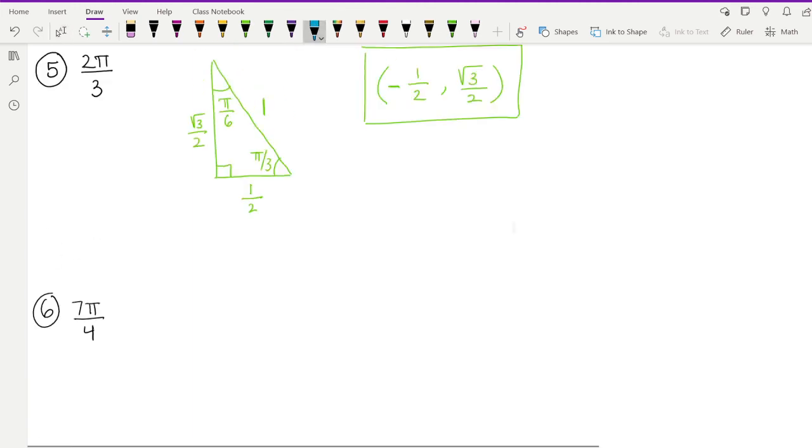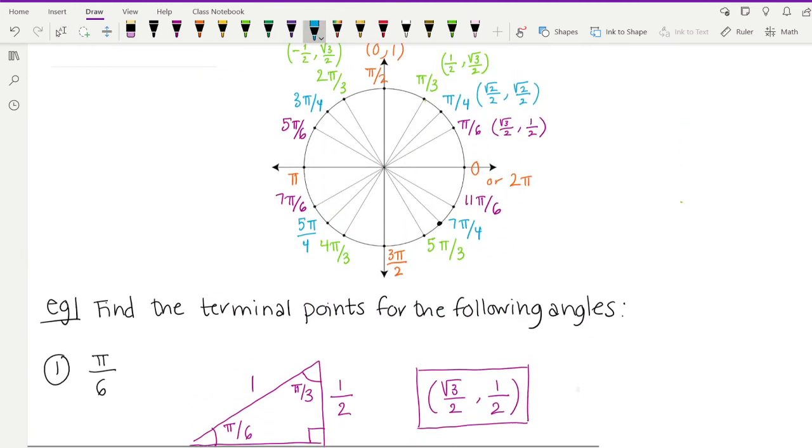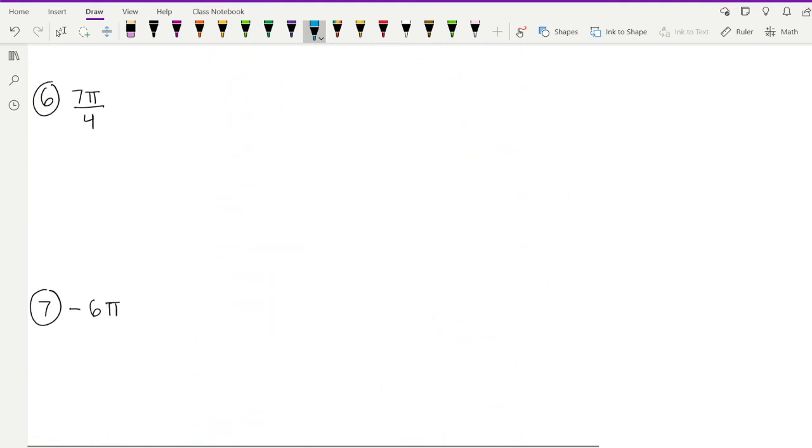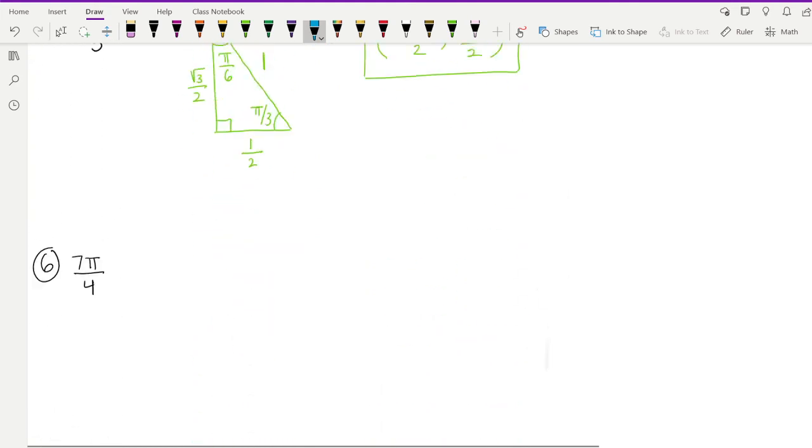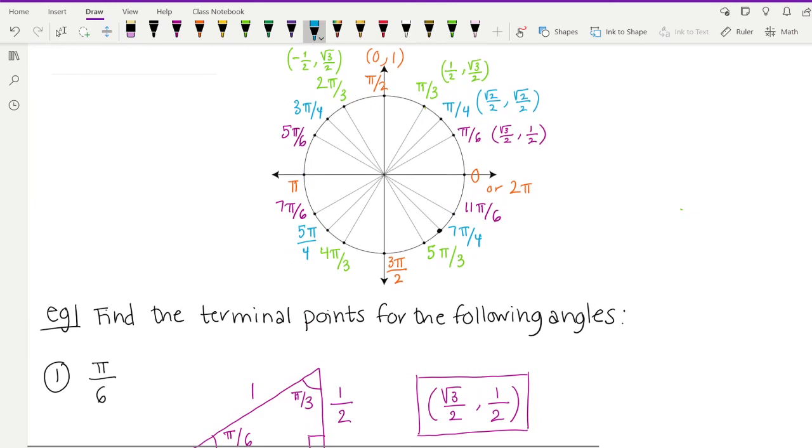This one is a multiple of pi over 4. So I'm going to use blue again. So 7 pi over 4. So where is that? Well, we already have it labeled, but if you didn't have it labeled, you could count to it by just stacking up your pi over 4s, and you would find that it is this angle here. Oops, let me draw that a little better.